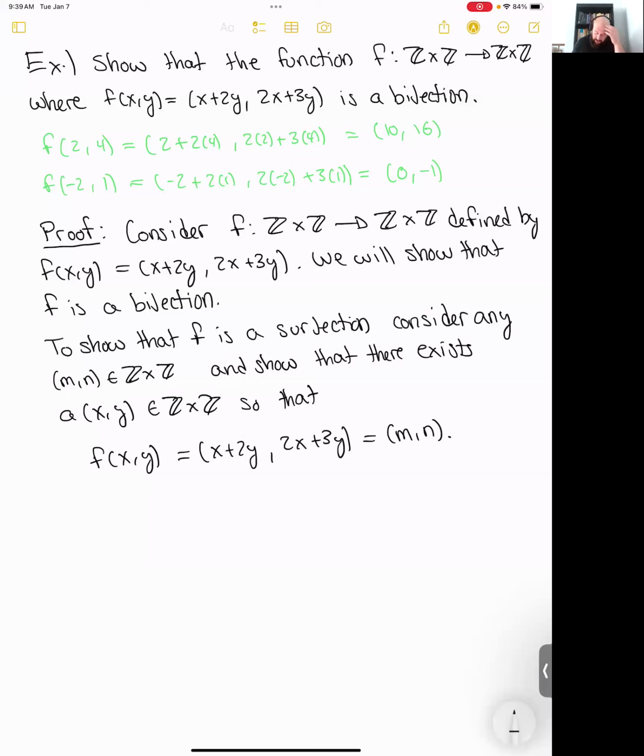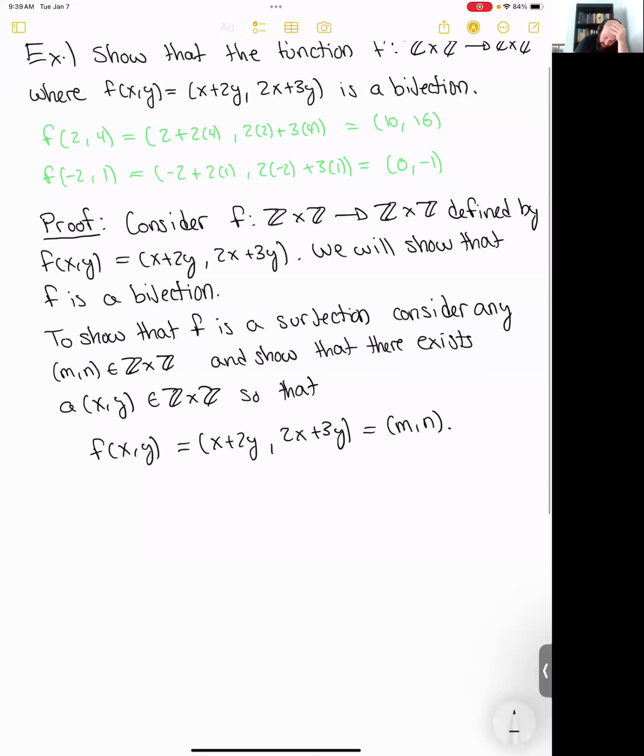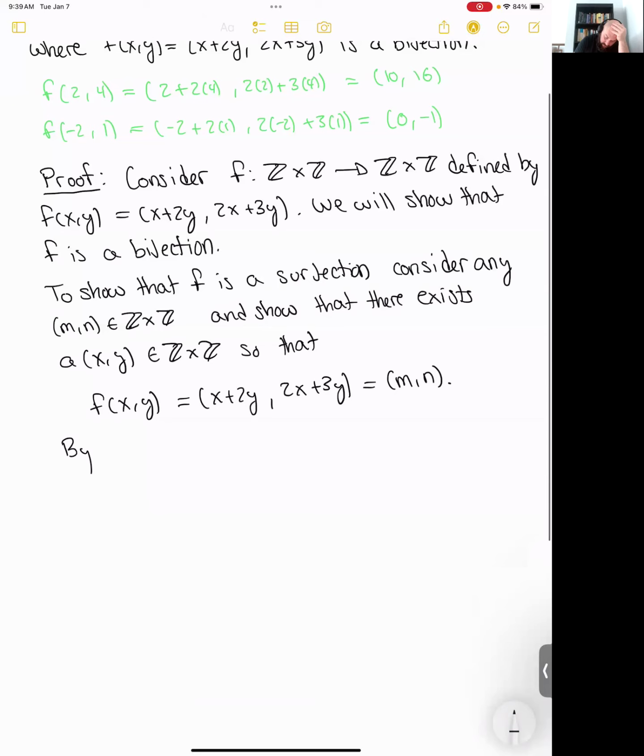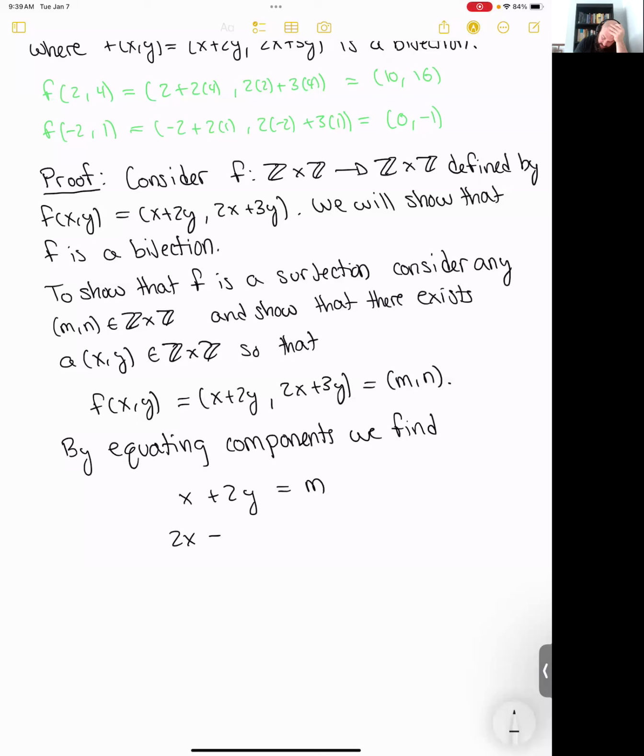And so, again, we have two ordered pairs equal to each other. So that means the components have to be equal to each other. So by equating components, we find the first equation, which is x plus 2y equals m, and the second equation, which is 2x plus 3y equals n.